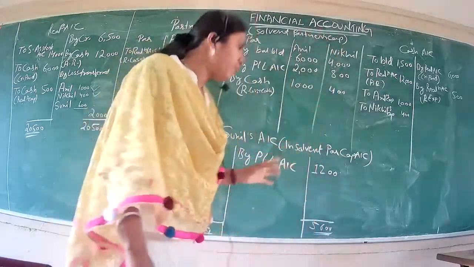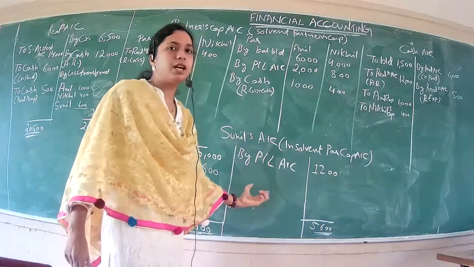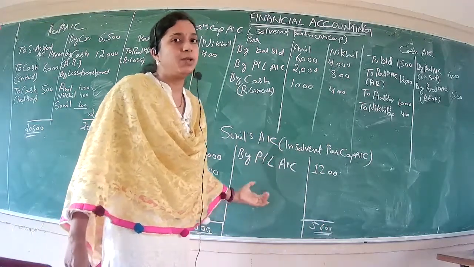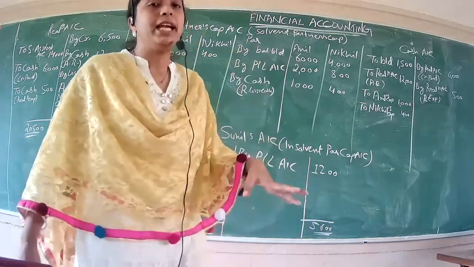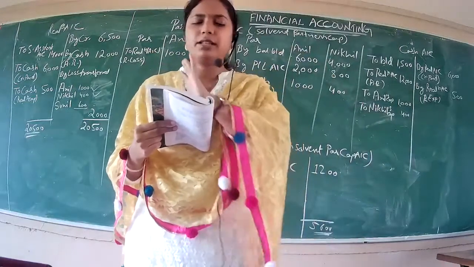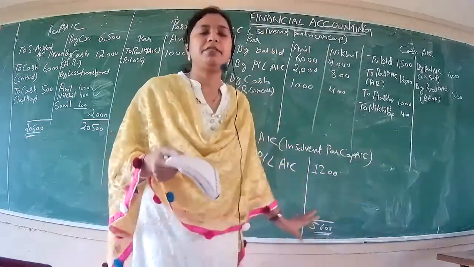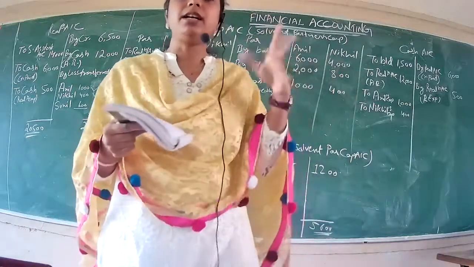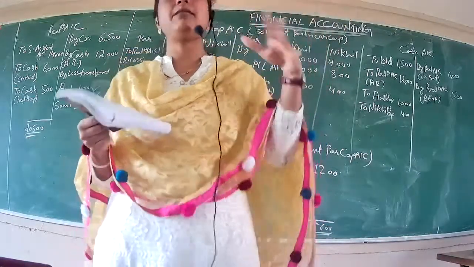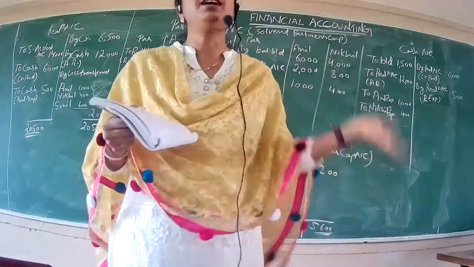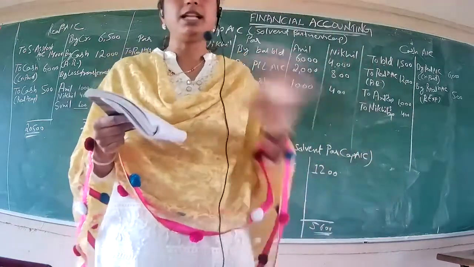Who is not able to bring his capital deficiency, who is not in a position to pay his capital deficiency. In the question, not a single line is written that Mr. Sunil has repaid his capital deficiency. It's also not written that Mr. Sunil got 1 rupee or the required amount against his capital deficiency. Nothing is written.